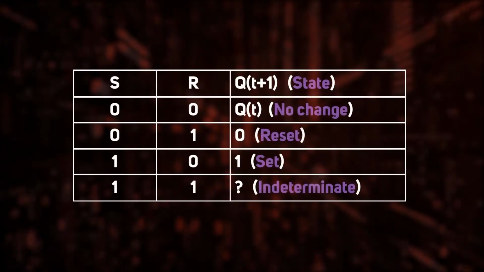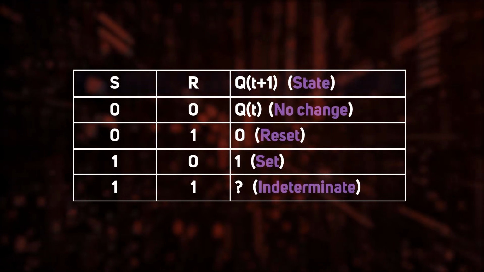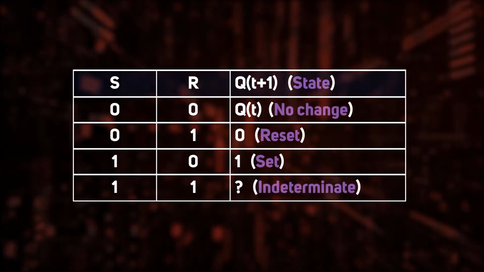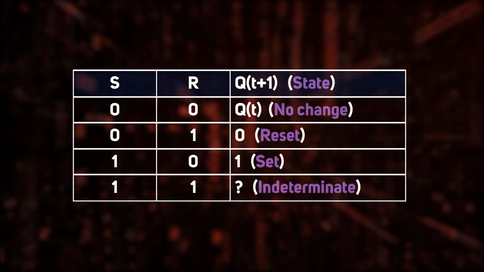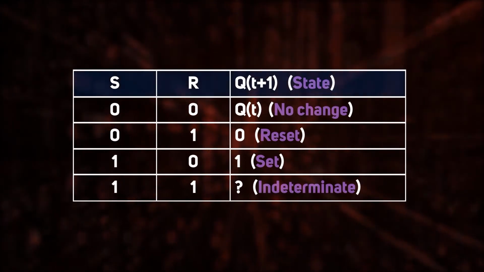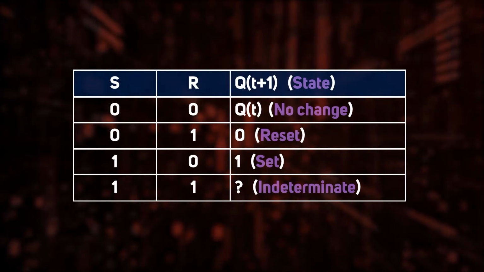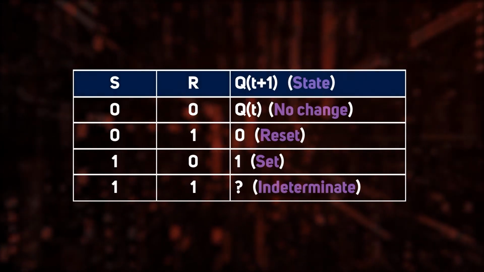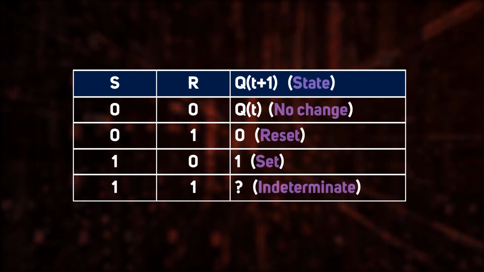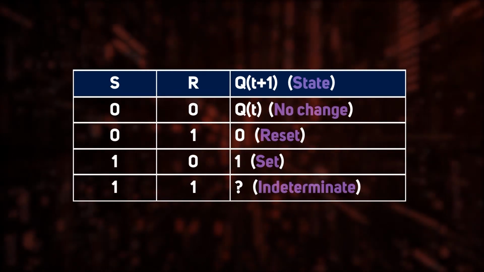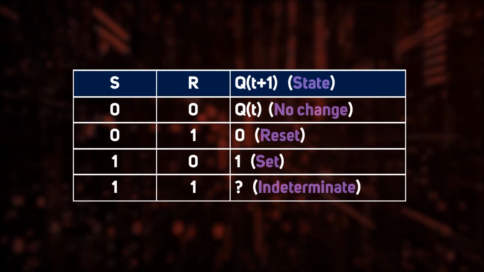The values of S and R when the clock pulse is positive are given there. The output is denoted as Q of t plus 1, which corresponds to the next state of the flip-flop after applying these values as the input. In brackets, I have given the states of the flip-flop after applying these inputs.